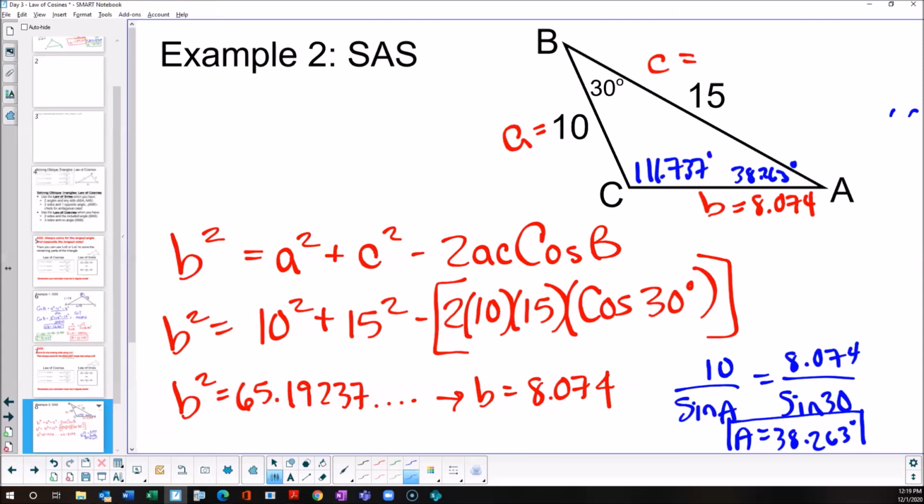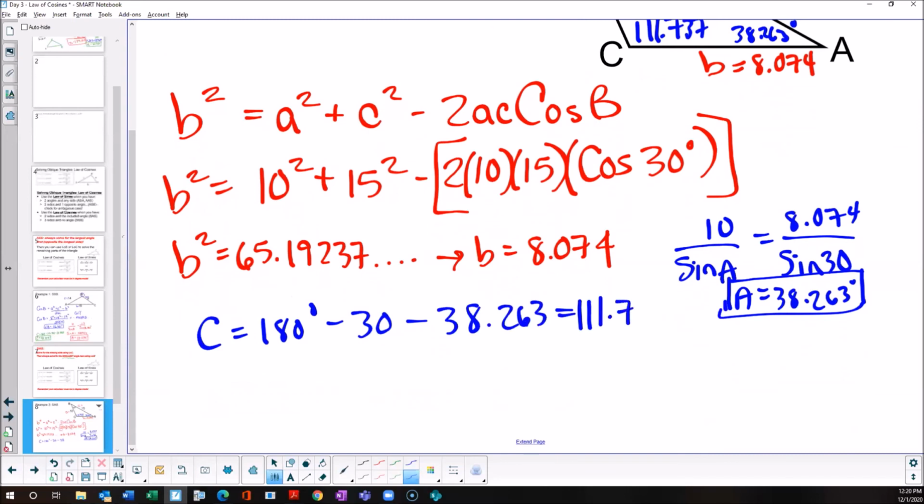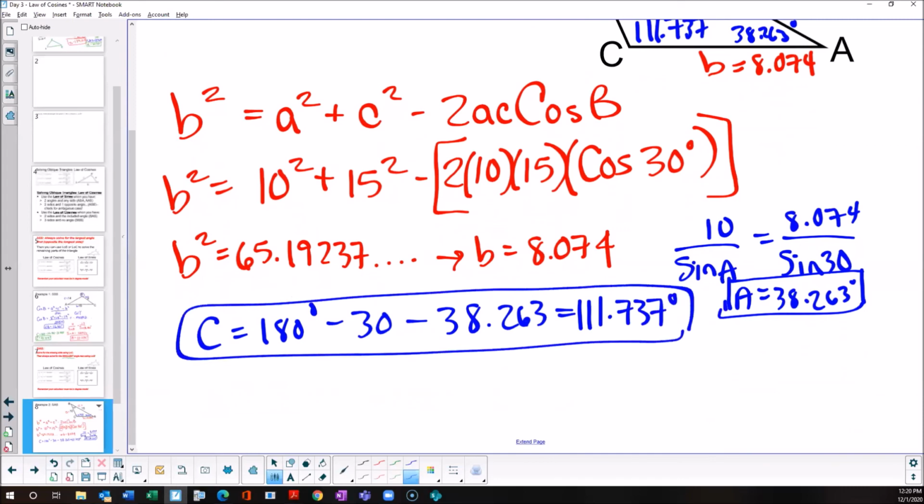Try it, see what would have happened if we had gone to use 15 and sine of C. Right, so that's C. I just want you to try it.